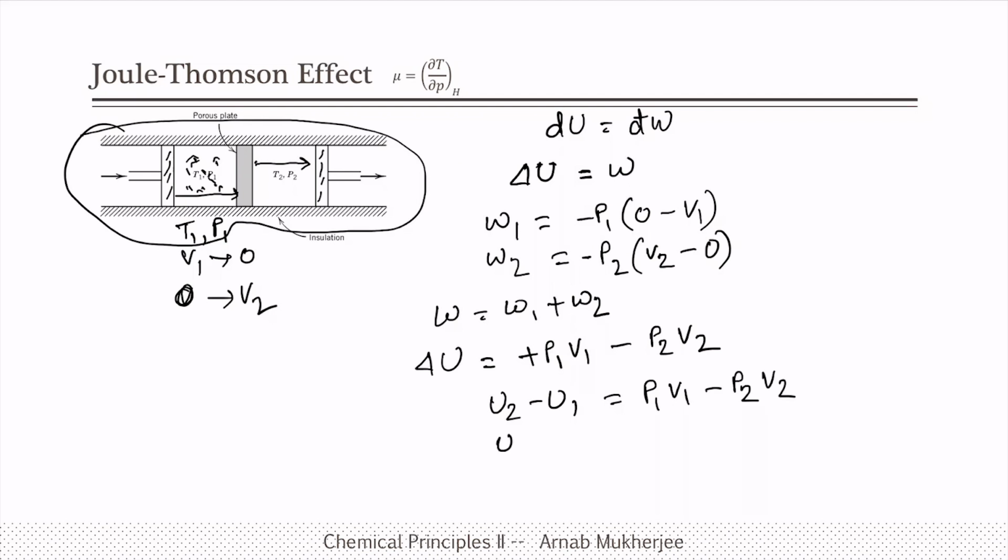Now, rearrange the equation, U2 plus P2 V2 is equal to U1 plus P1 V1. Now, is it familiar? It is enthalpy. So, U2 plus P2 V2 is H2 and right hand side is H1. So, that means that enthalpy in this particular whole setup is constant.